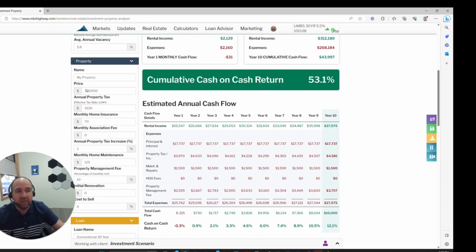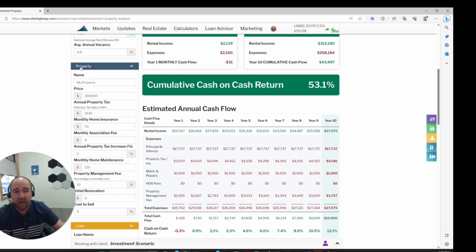The next thing we need to do is look at some details specific to the property. What's the price? $300,000. What are the taxes? What's the homeowner's insurance? We need to put in some figures for how much property tax is going to increase year over year. We need to plan for maintenance.